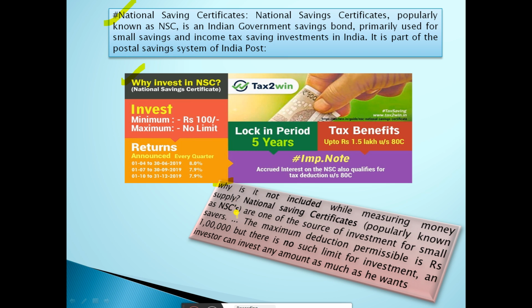One reason is that the maximum deduction permissible is 1 lakh, but there is no such limit for investment. An investor can invest any amount in NSC, but whenever he needs the money, he cannot withdraw it directly. It takes time, so it is not as liquid. But M1, M2 and M3 are more liquid forms.